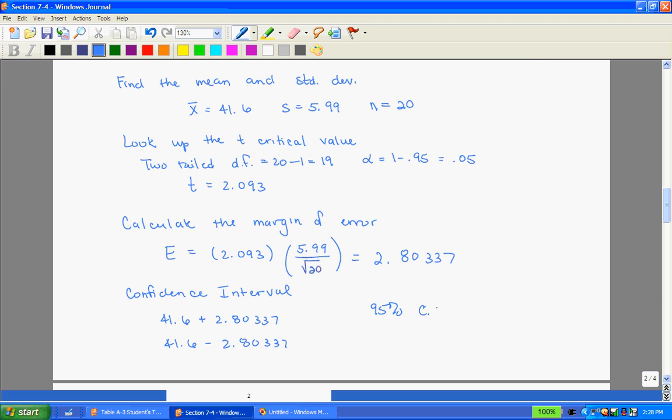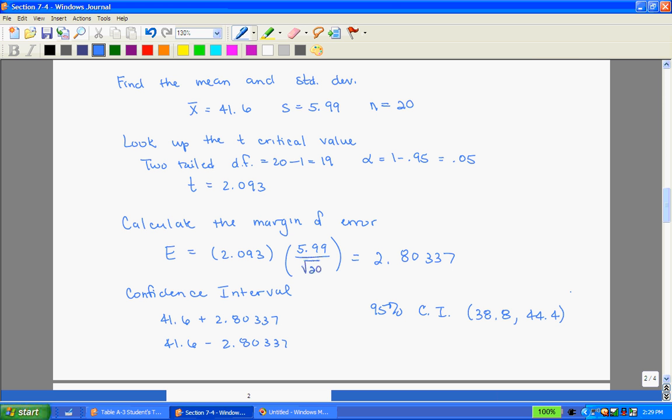So our 95% confidence interval would be 38.8 if you round to the nearest tenth for the lower bound, and 44.4 for the upper bound.